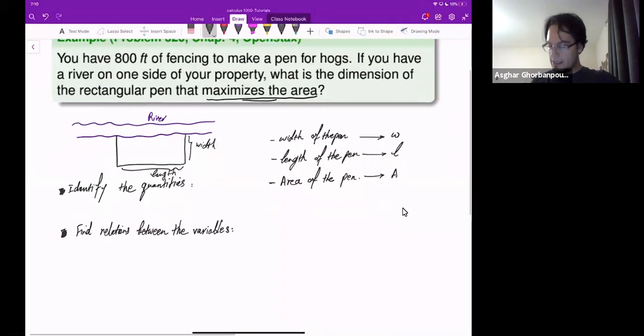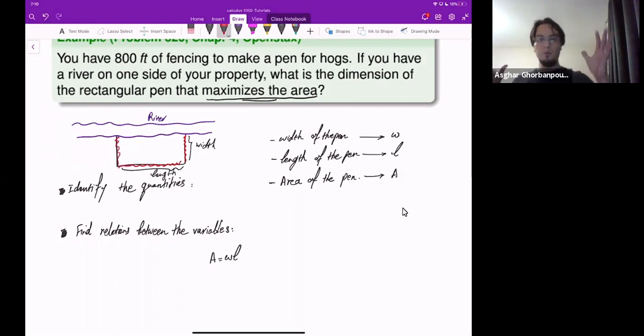So in this case, we know that the area of a rectangular shape is always the width W times the length L. Okay. Also, we know that this side, I will do it with the red, this side, this, and that will be the material of fencing that we are trying to use, or have access to use.